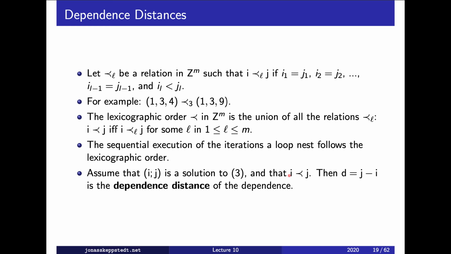Say we assume we find that I is less than j, then we subtract I from j. What does that mean? It means that I corresponds to a certain iteration and j to another, and due to I being less than j, I obviously was executed before j. So we subtract one from the other.